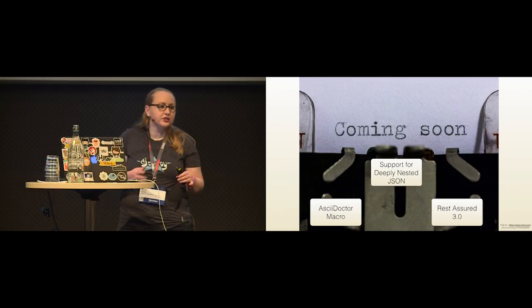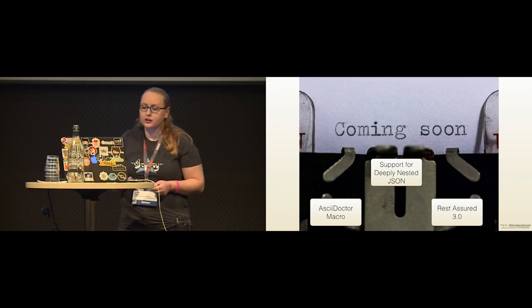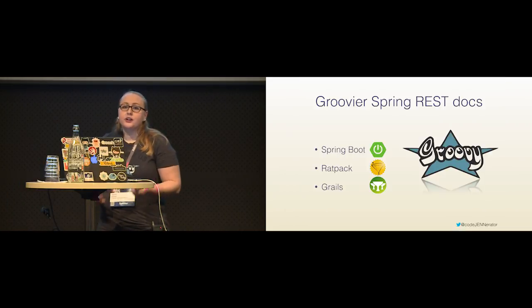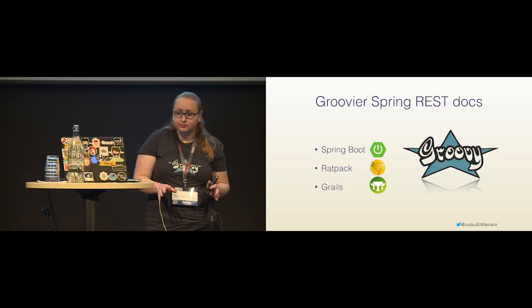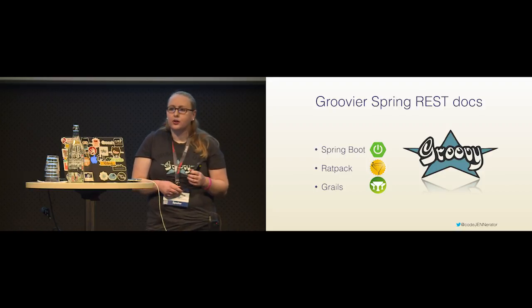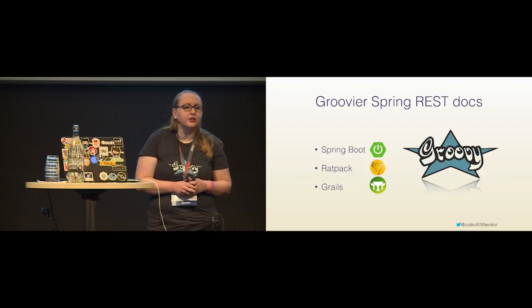It'd also be kind of nice just to get some refreshes in, going up to the 3.0 version of REST Assured. So what I wanted to bring to this discussion is a way to make it groovier. So I guess I should also ask, by show of hands, who is at least familiar with Groovy?